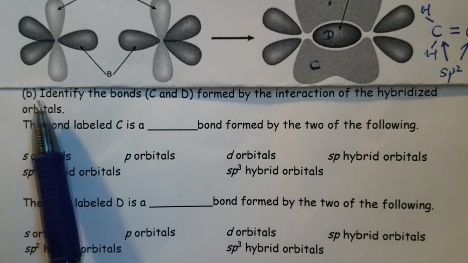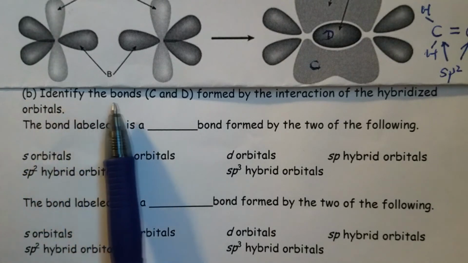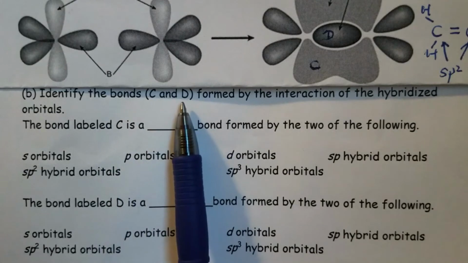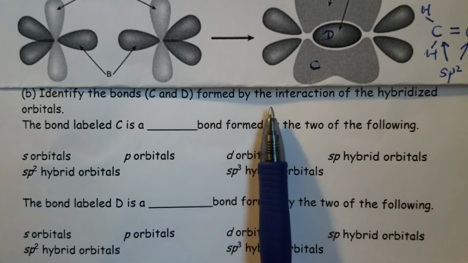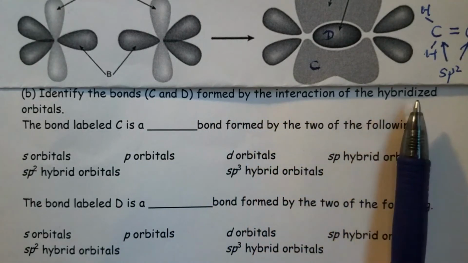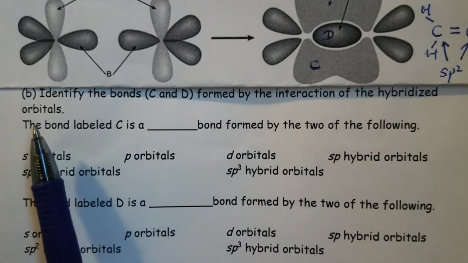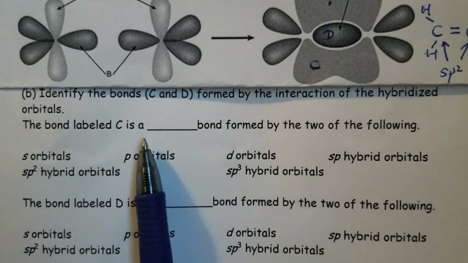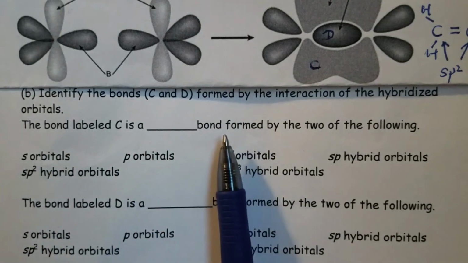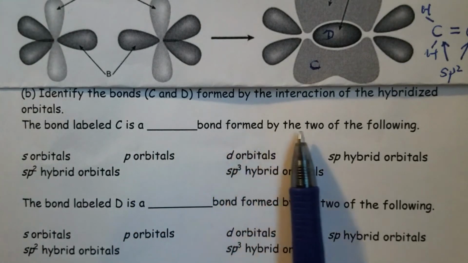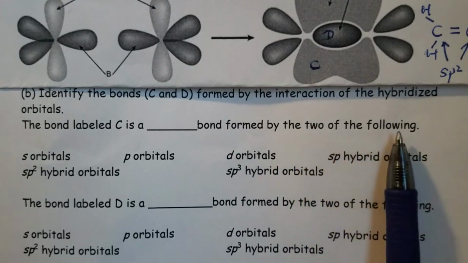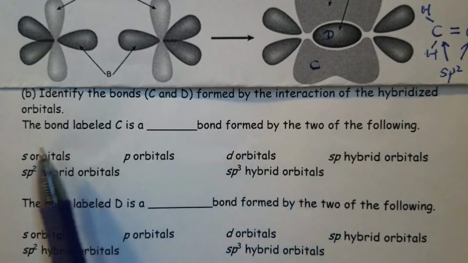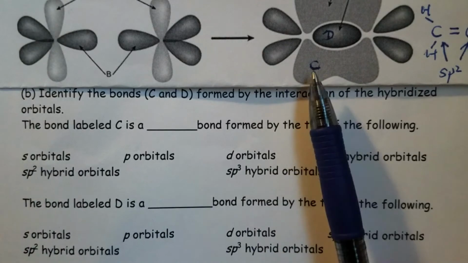Now, question B. Identify the bonds C and D formed by the interaction of the hybridized orbitals. First, the bond labeled C is what kind of bond? Formed by which two of the following?